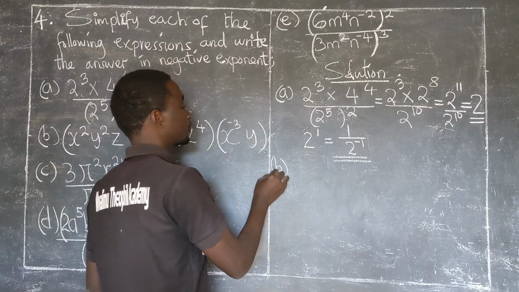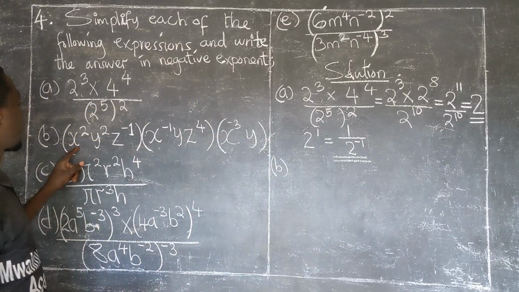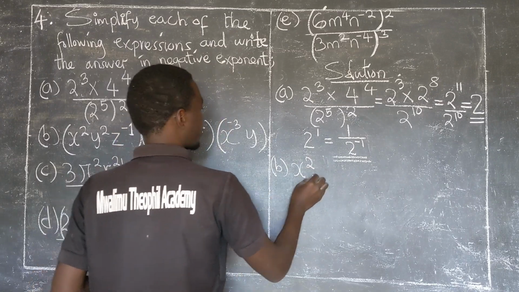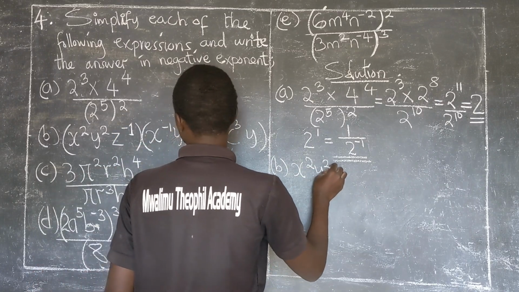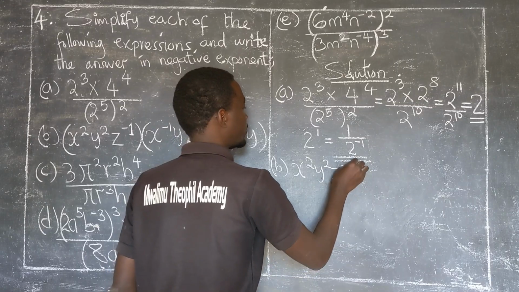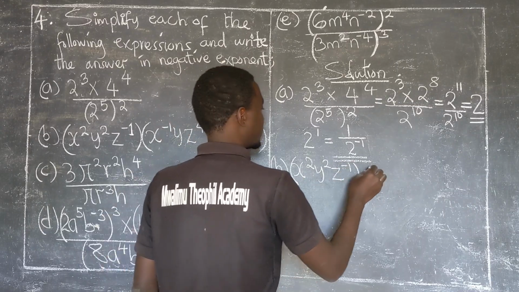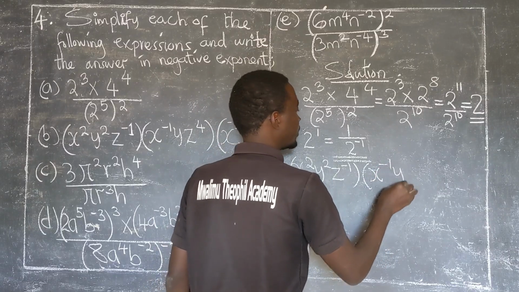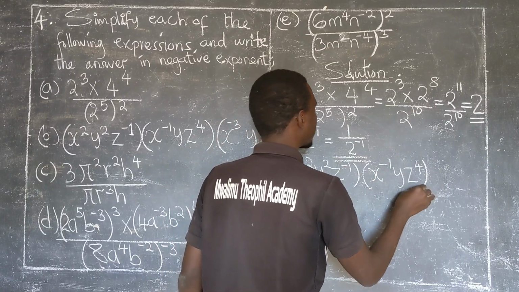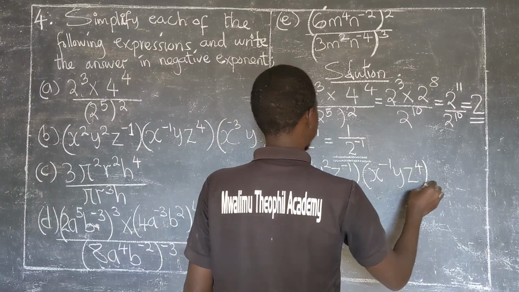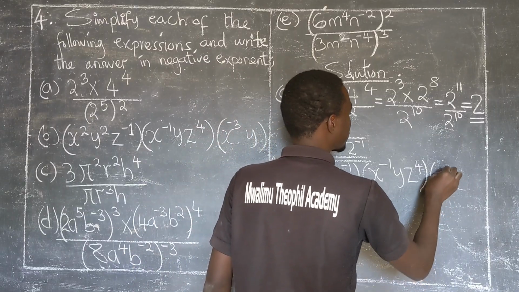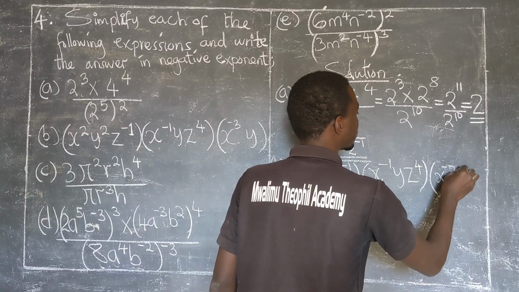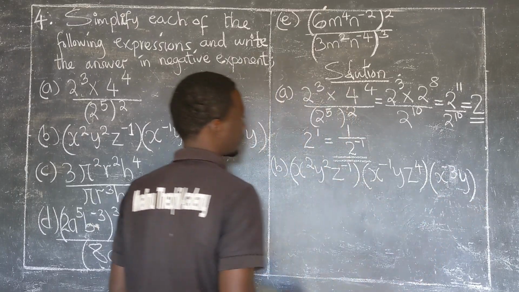B. In B, we are given x squared times y squared times z raised to negative 1, bracket, times x raised to negative 1 times y times z raised to 4, bracket, again times x raised to negative 3 times y, bracket.